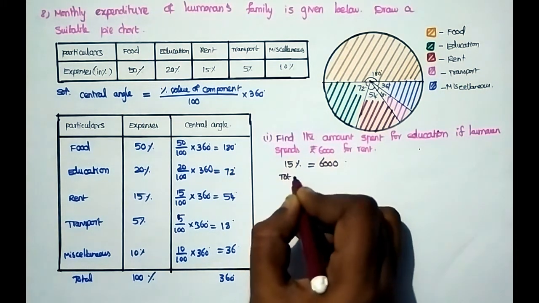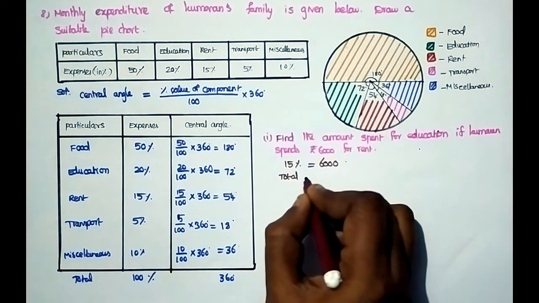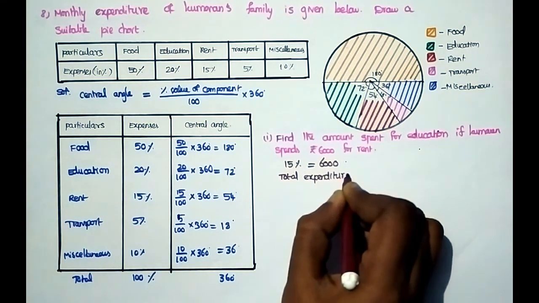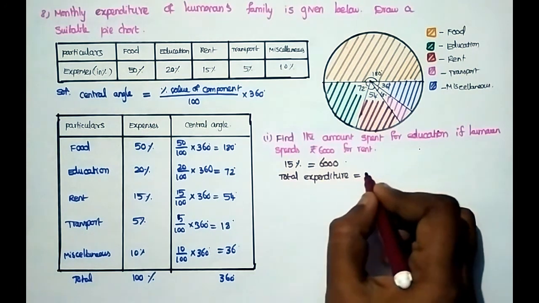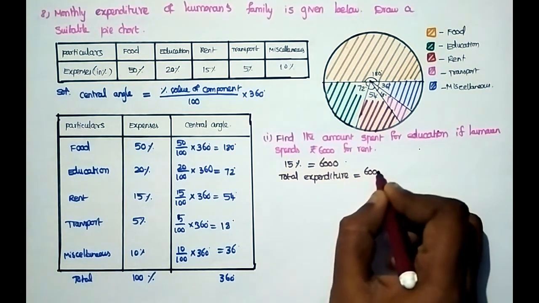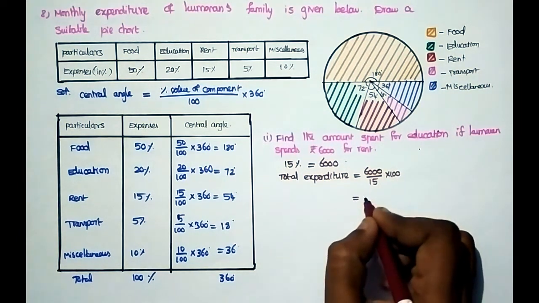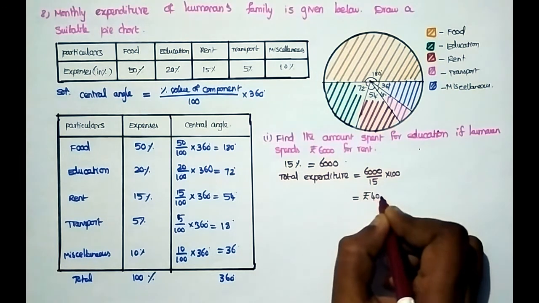So total expenditures equal to 6,000 divided by 15 into 100, that is equal to rupees 40,000.